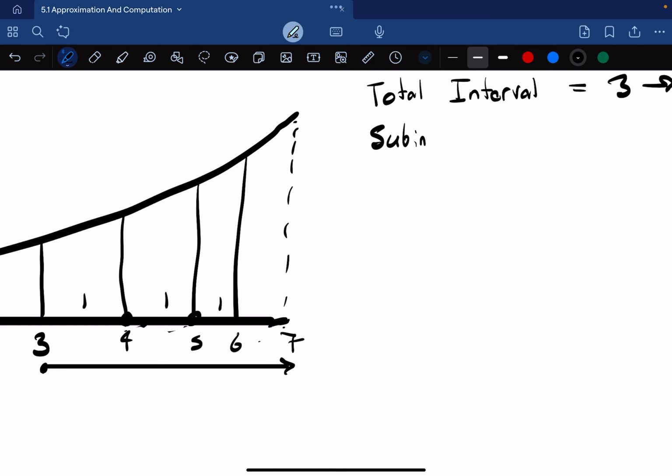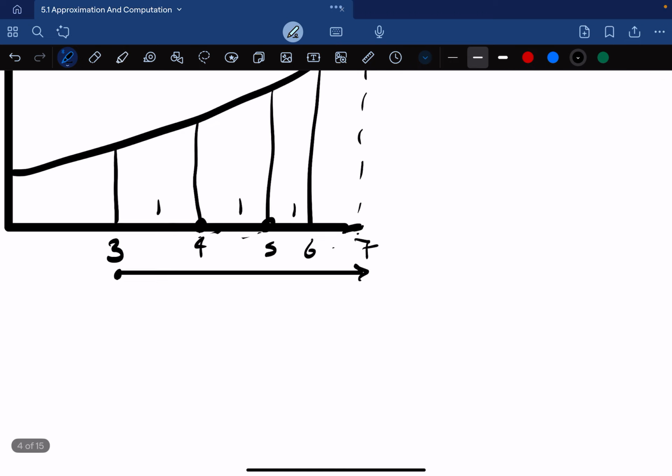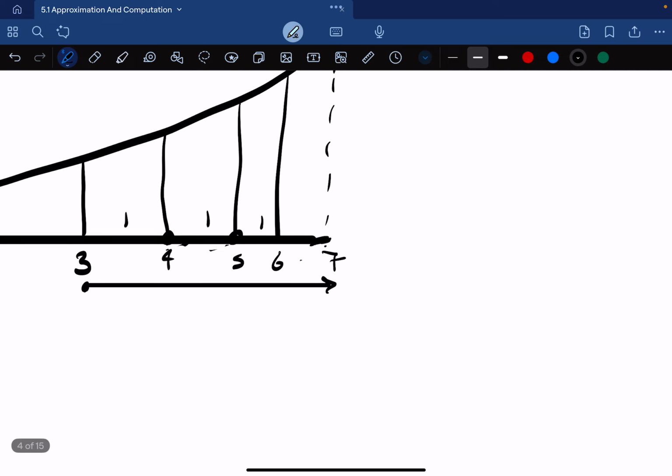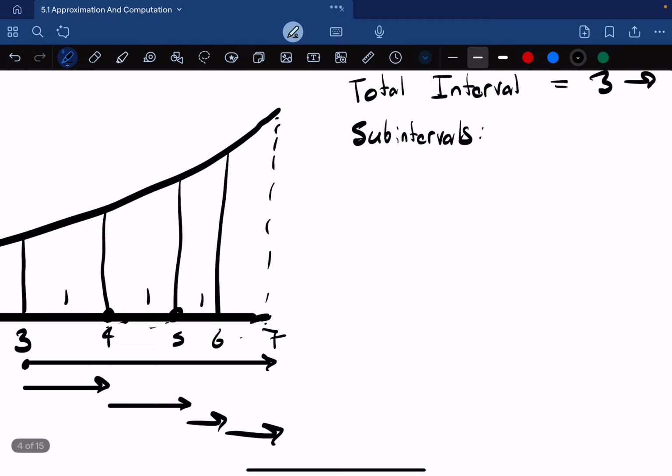Now, there's going to be many of these subintervals. For example, there's 3 to 4, that's one subinterval. There's 4 to 5, which is another one. 5 to 6, which is another one, and then 6 to 7.